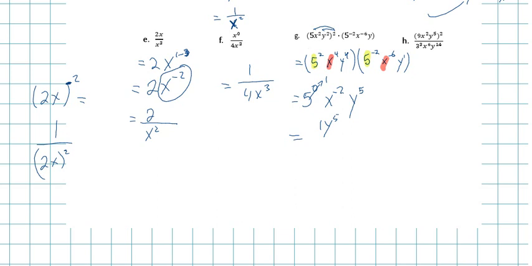Do you see that? It's the same as this, where I brought it down to the denominator and it became positive. Okay. I want you to try the next one.